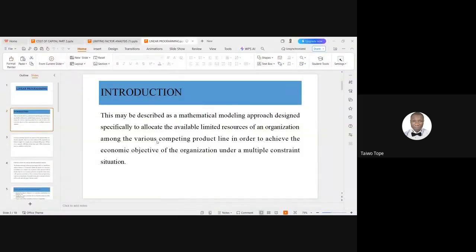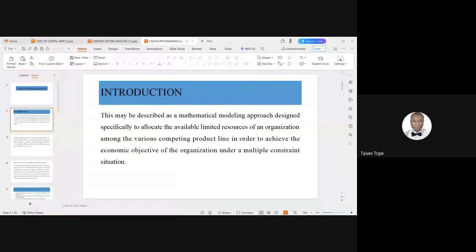So linear programming is used when you have more than one limiting factor. When you have limiting factors in terms of skilled labor, unskilled labor, and materials, you use linear programming to address that problem.